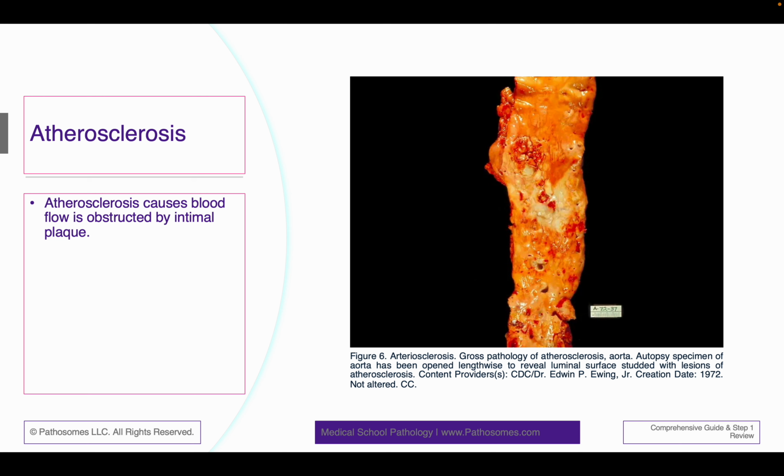Now let's talk a bit about atherosclerosis. Atherosclerosis causes blood flow to be obstructed by intimal plaques, as we can see here with this gross pathology of an aorta with significant atherosclerosis.